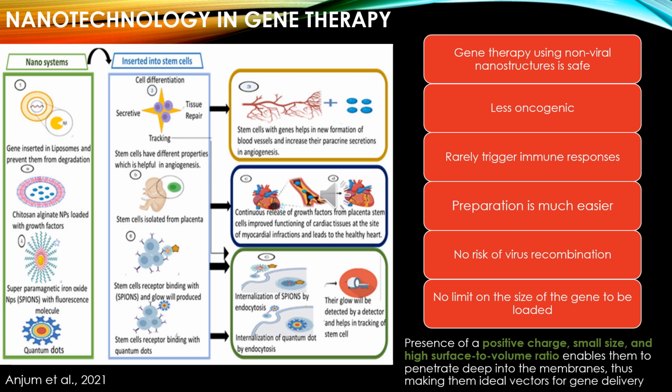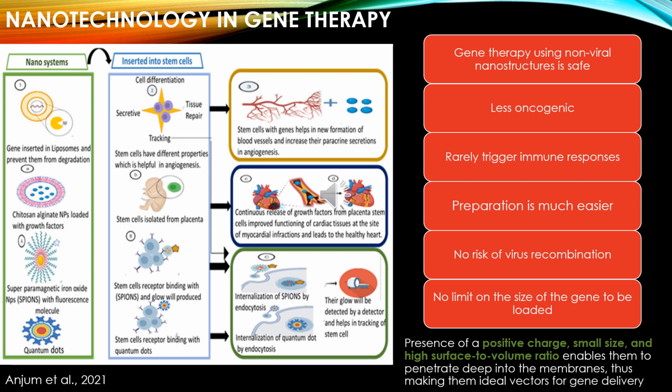This can be used in the treatment of cancer or cardiovascular disease. Based upon the need and the treatment norms, we can use cells and materials to target a particular cell.